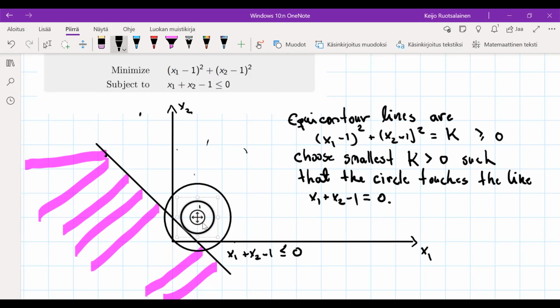And of course, using elementary geometry, we can compute exactly what is the radius.